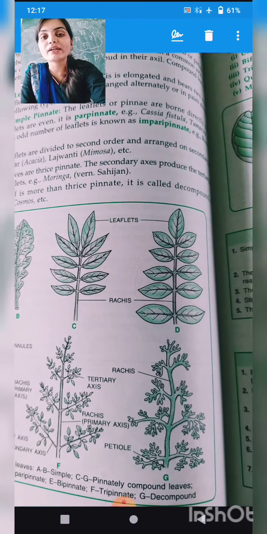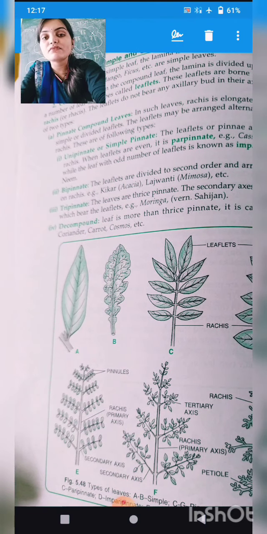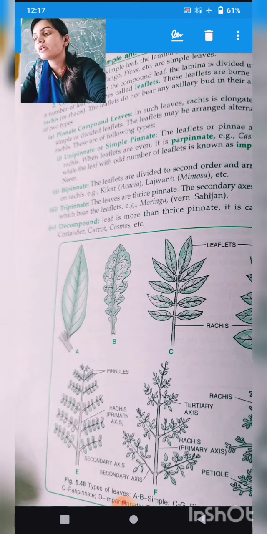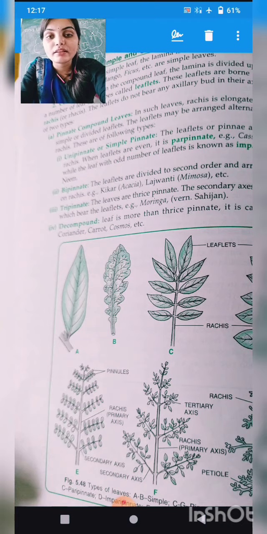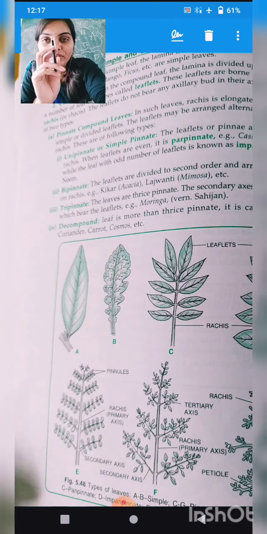After that you can see that leaves are found in different modifications. A and B are the simple type of leaf, and C to G are pinnately compound leaves. Here you can see there is one base, and through one base all the leaves are arranged. So now these leaves will be known as leaflets.